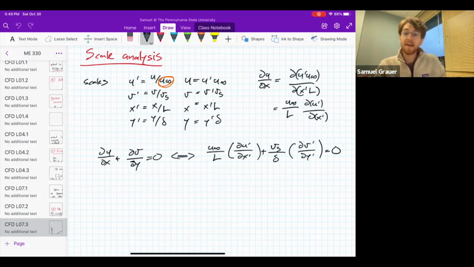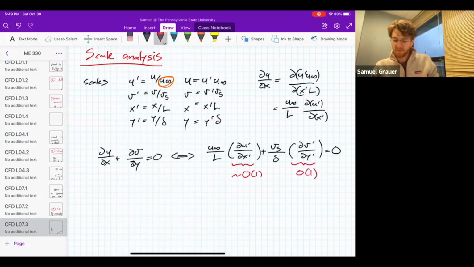If we select the scales properly, then u prime, v prime, x prime and y prime should all be of order 1. They should be around 1, not 10 times larger than 1. And if we do that properly, then we can make rough statements about the size of the other scales with respect to each other, as long as those scales have been selected well.